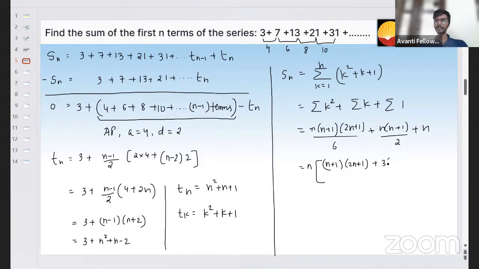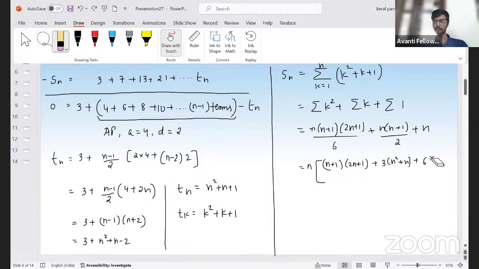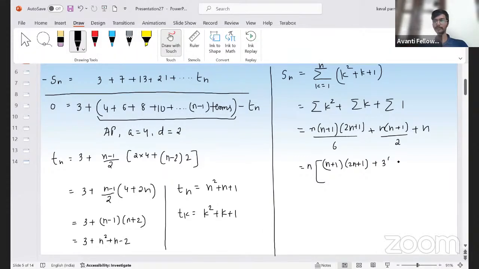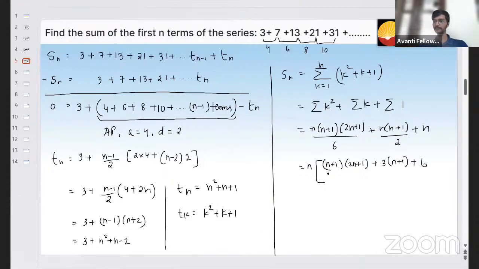So 3 into n plus 1, plus 6. Oh, I took n square common. Sorry, n common. I took n common. So here, 3 into n plus 1 plus 6, the whole upon 6.